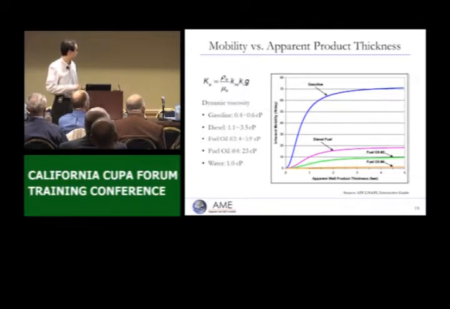Using this equation, assuming this KRO is not changed for this case, and the density is neglected, it's not much different. It's the viscosity. You see the diesel is several times higher than gasoline. The fuel oil number 2 is a couple times higher than diesel. And the fuel oil number 4 is really 23 times the water, which is several times higher than the fuel oil number 2. That's why you have a relationship like this.